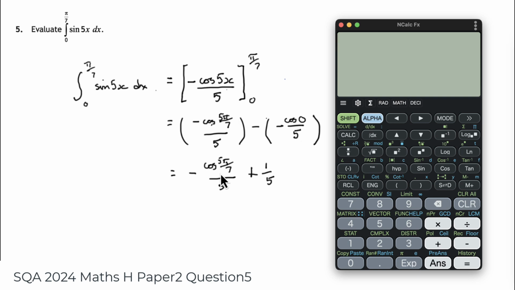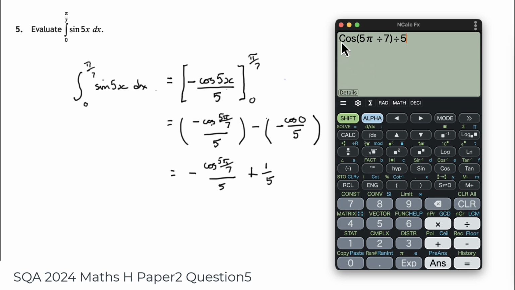So let's have a look at the cosine of 5 pi upon 7, of 5 pi divided by 7. Now my pi button is down here. I need to use shift to get hold of it. 5 pi divided by 7. And I'll close my brackets. So there's the cosine of 5 pi upon 7, and that needs divided by 5.